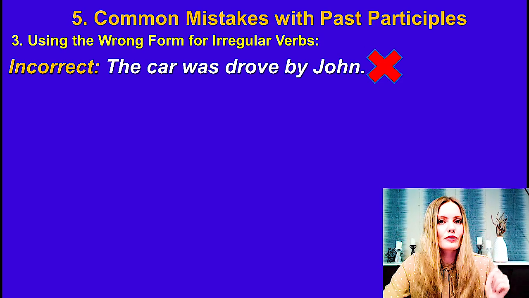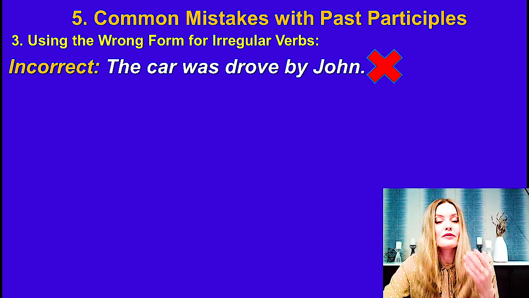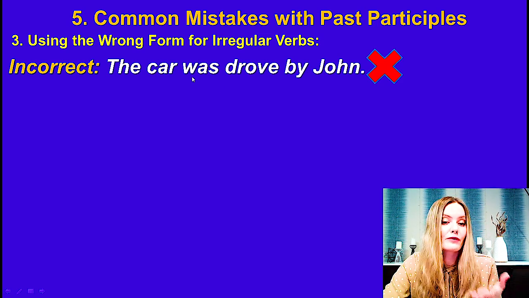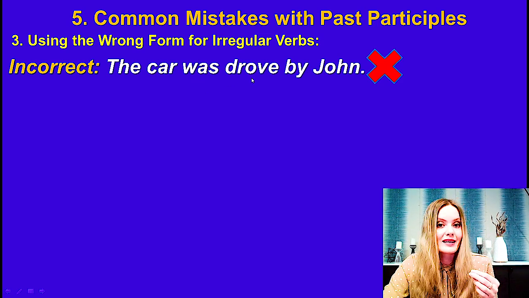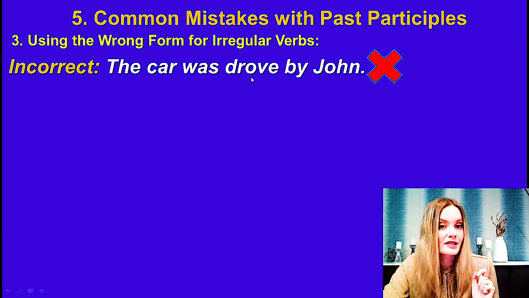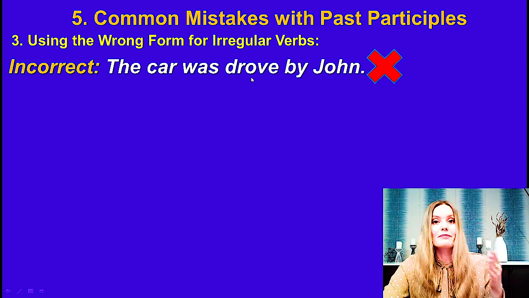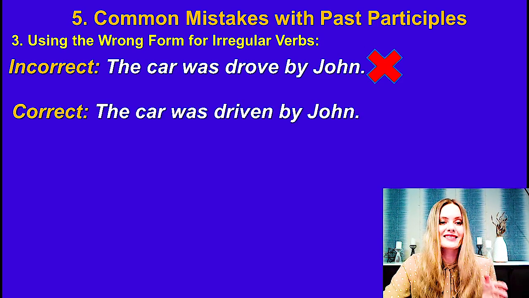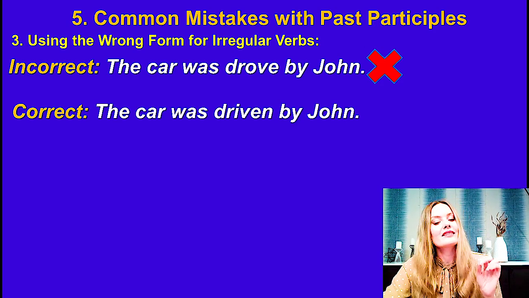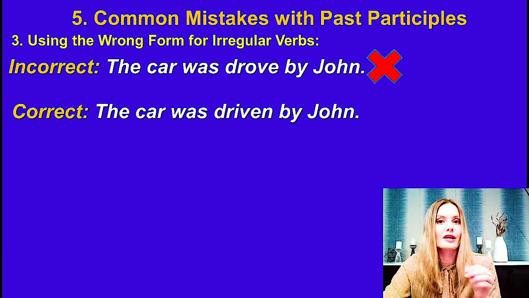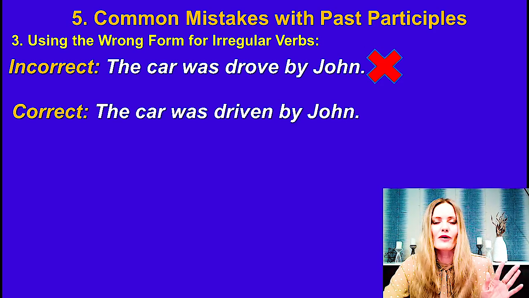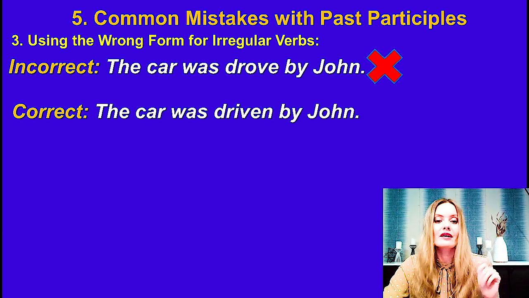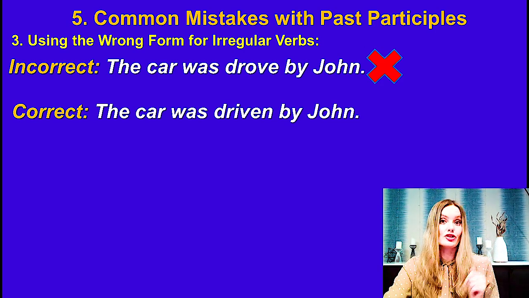But if we want to form the passive voice, we should use the form of the verb to be, and the past participle. Drove is a past tense, not a past participle. So the correct sentence would sound like this. The car was driven by John. Not drove, driven. The car was driven by John.